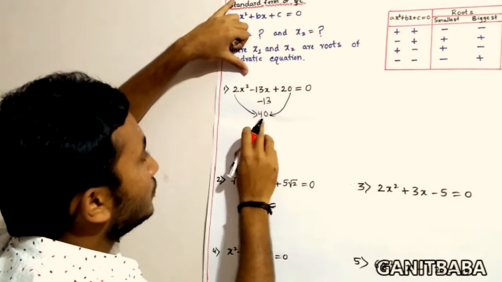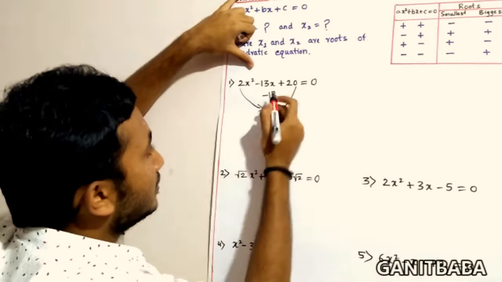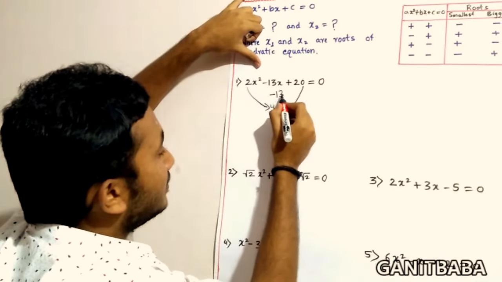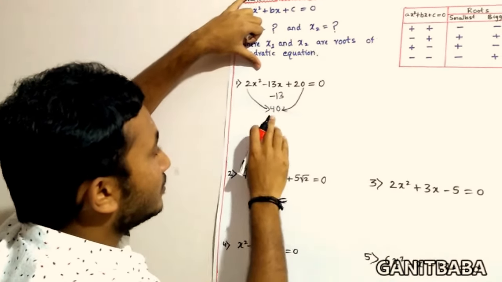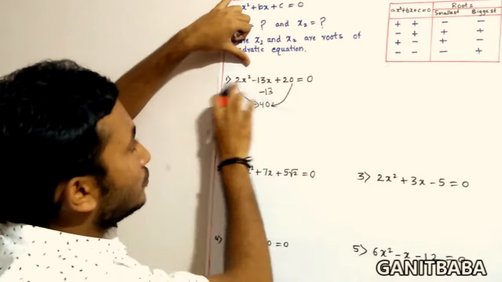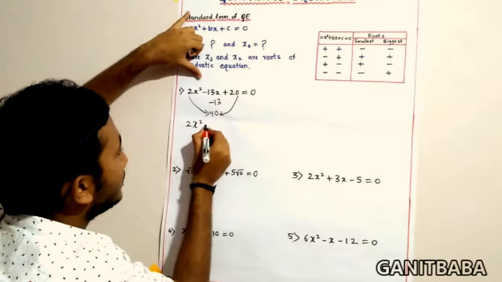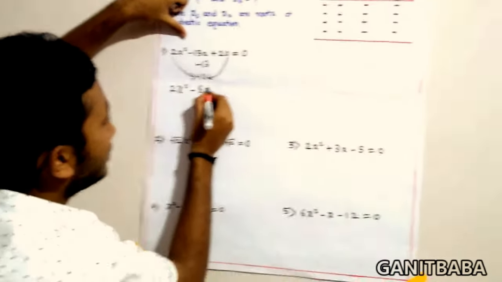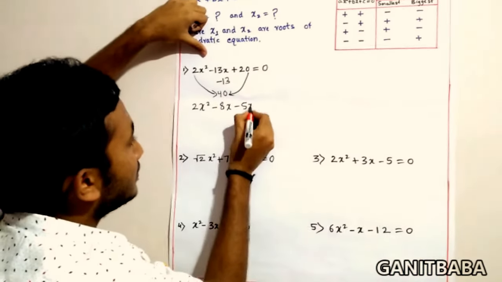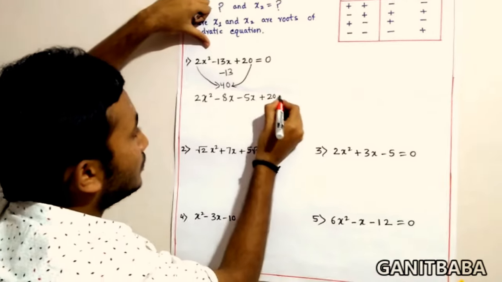So we need to find the roots, like we can write minus 13 as minus 8 and minus 5, that product is equal to 40. So we can rewrite this quadratic equation as 2x square minus 8x minus 5x plus 20 equal to 0.